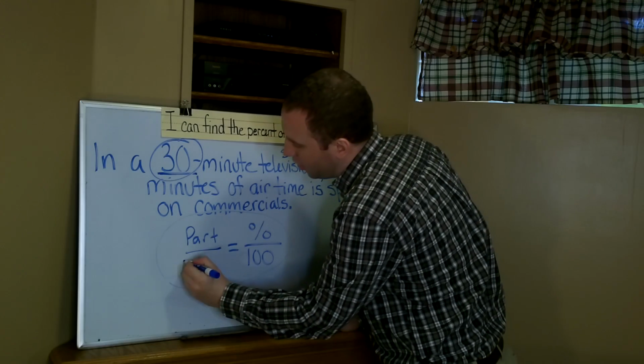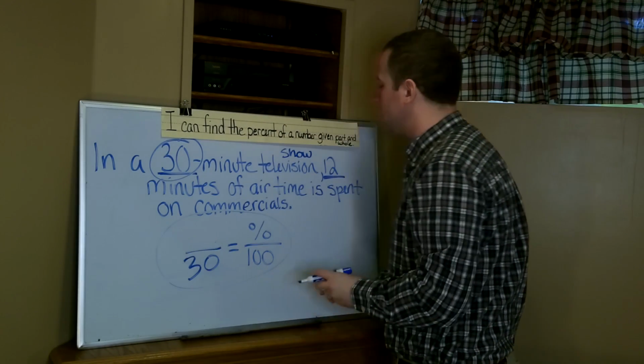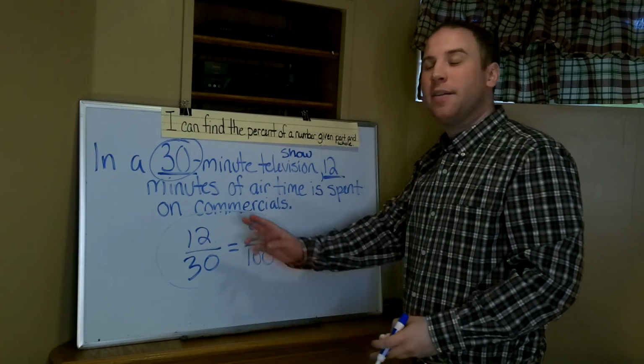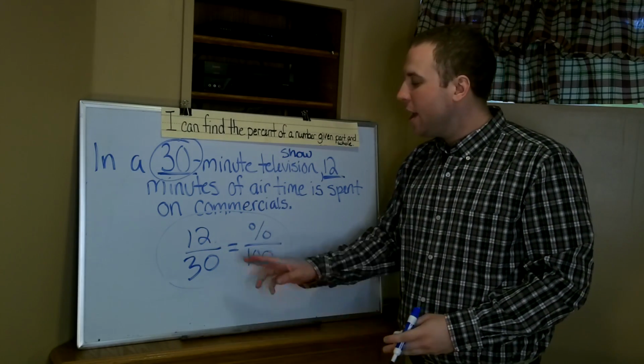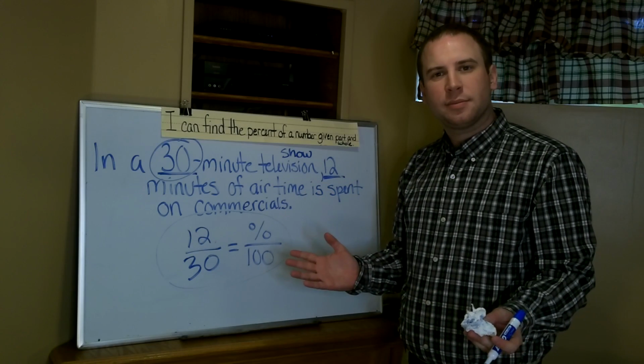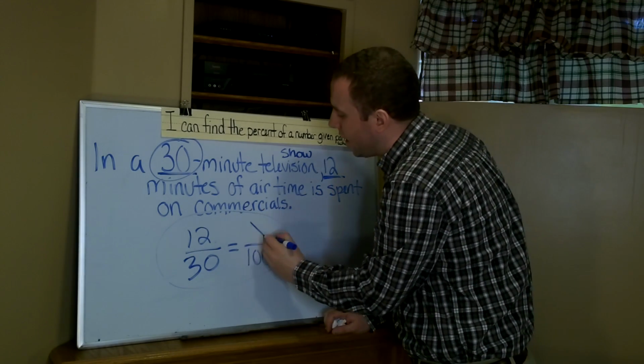So, 30 is going to be our whole. What is going to be our part? 12. Correct. So now we have 12 over 30 equals our percent. Now, do we know our percent yet? Right, we don't. So we're going to give it a variable, so let's make it an x.